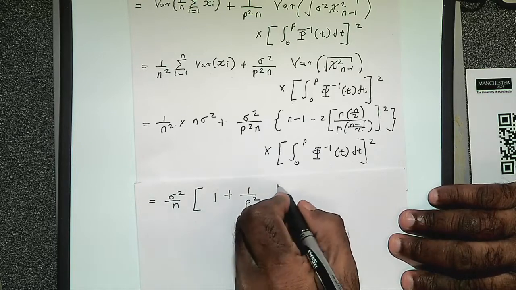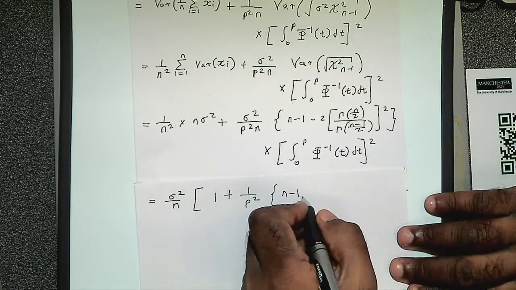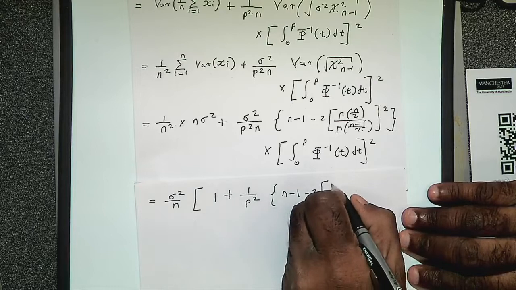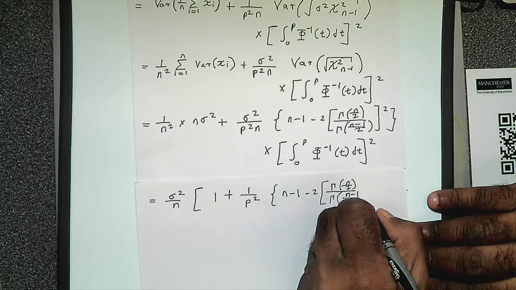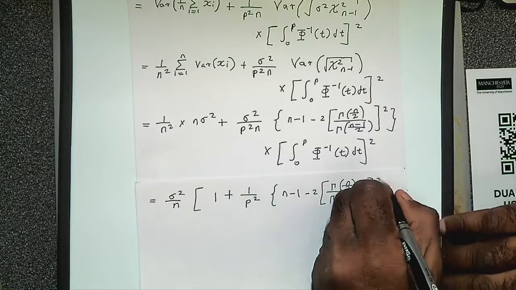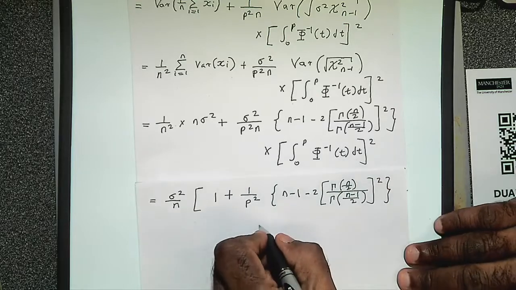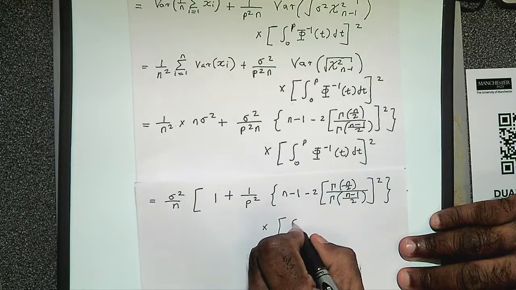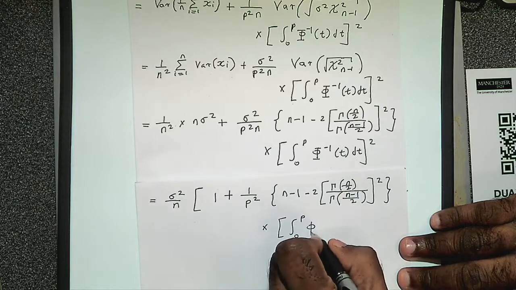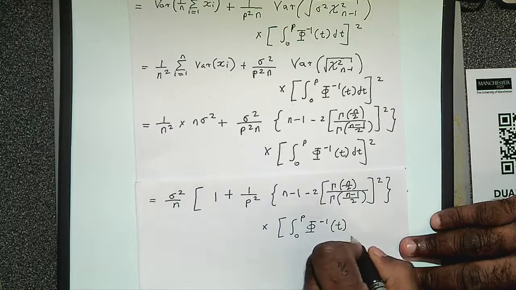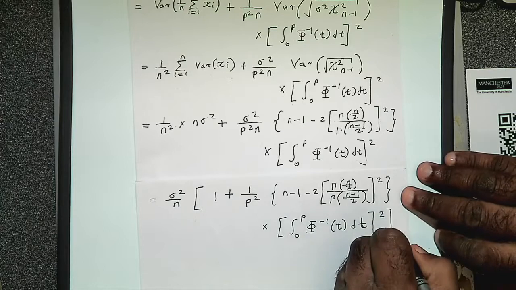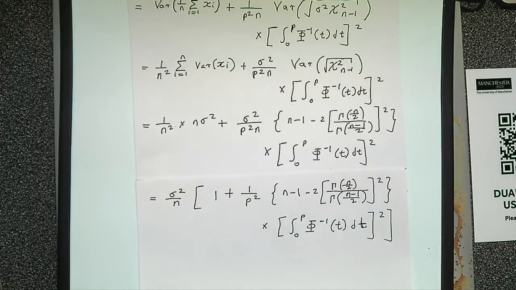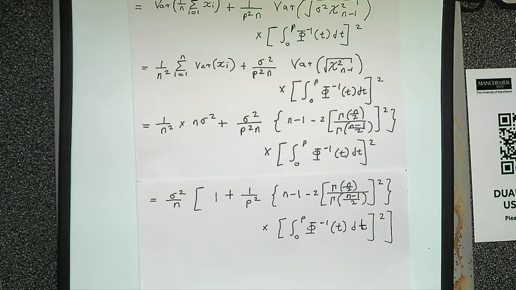Then, okay, it still looks complicated. But all right, so this is the final form for the variance of the estimator for ES, right?